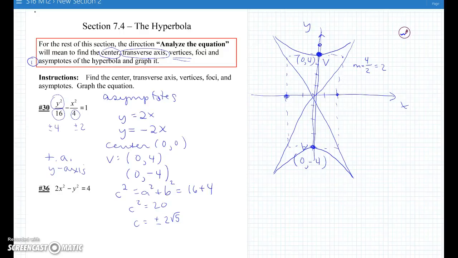So we know we're about up here at 0, 2 root 5, and down here at 0, negative 2 root 5. So those are my focus points, 0, 2 root 5, 0, negative 2 root 5.